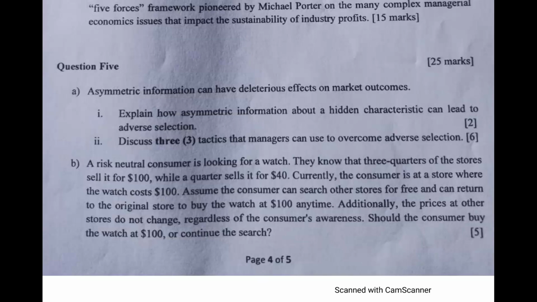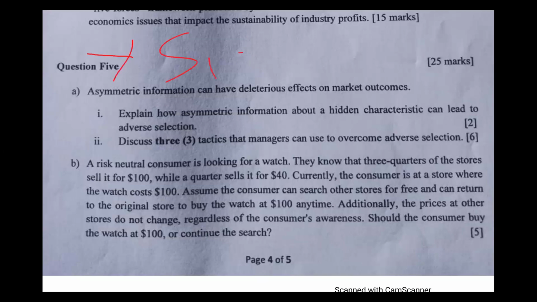Now, discuss 3 tactics that managers can use to overcome adverse selection. Number 1 is signaling. What is signaling? This involves the informed party, usually the seller, providing a credible signal to convey product quality to the buyer. For example, offering warranties or certifications can assure buyers of the product's quality.